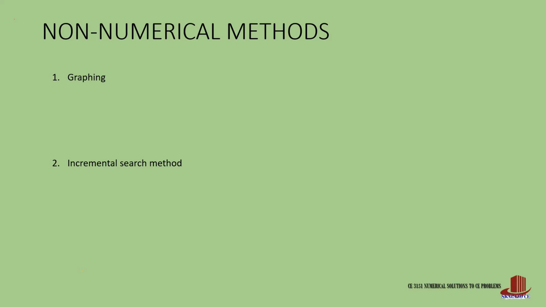Let's review a bit about how to determine roots of nonlinear equations. There are the so-called non-numerical approaches where one only needs to plug in the equation in a graphical calculator in order for us to find the roots of a given nonlinear equation. So in graphing, in order for us to make an accurate answer, a graphical calculator is required.